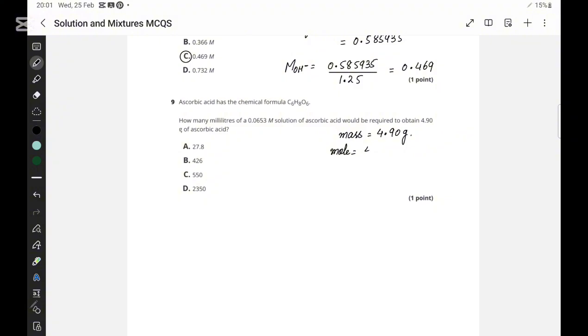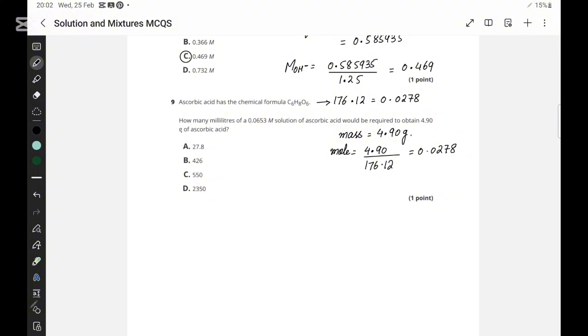Mole is equal to mass by molar mass, so 4.90 divided by the molar mass, 176.12, and the moles come out to be 0.0278.